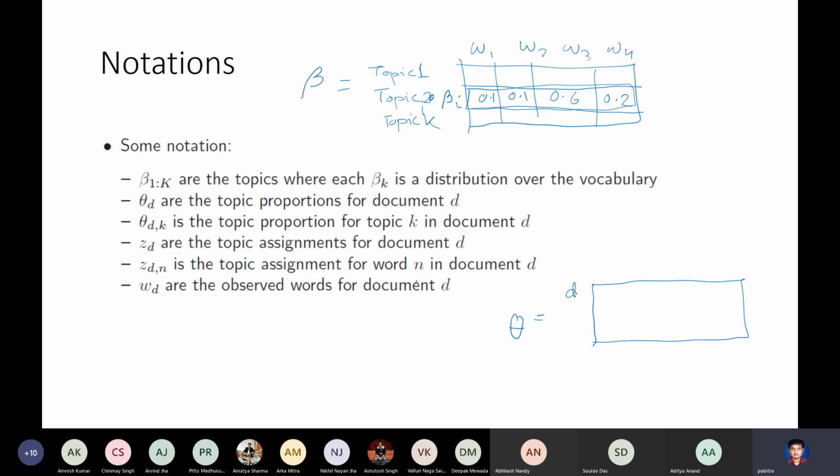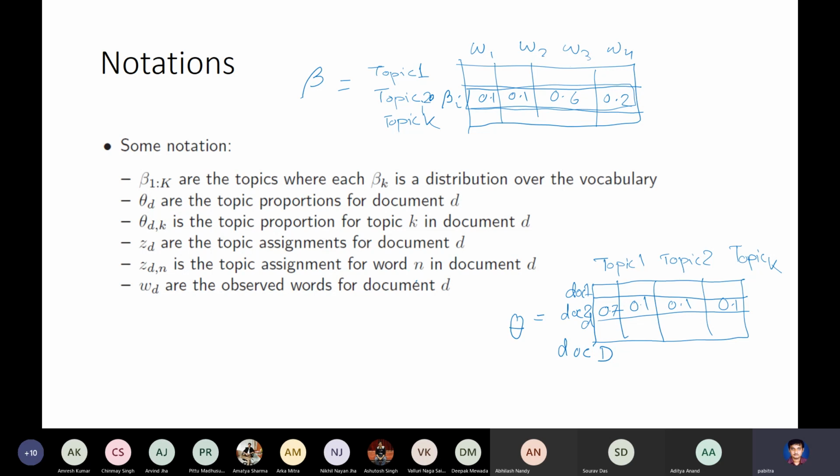You have document 1, document 2, up to document D, and you have topic 1, topic 2, up to topic K. So theta D is, for the dth document, in what proportion, say 0.7, 0.1, 0.1, 0.1, are the topics present in document D? So this is the theta.